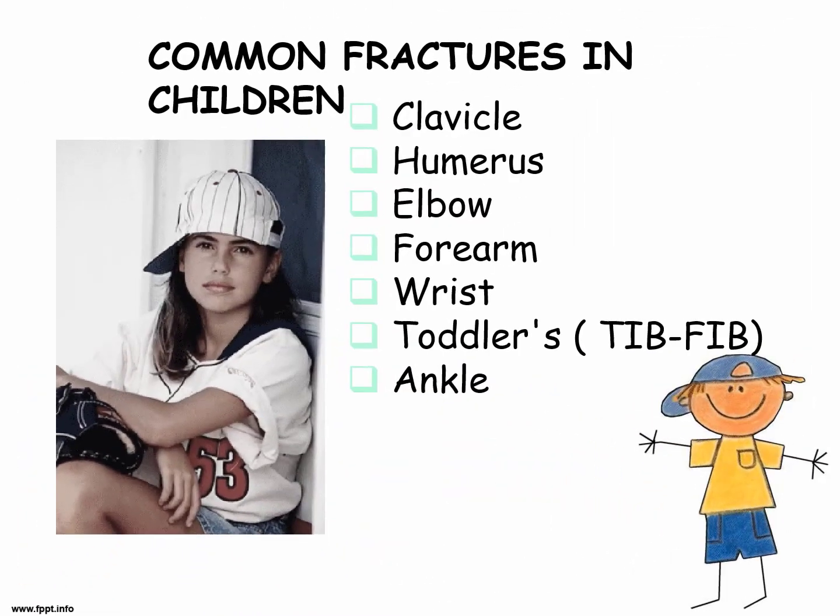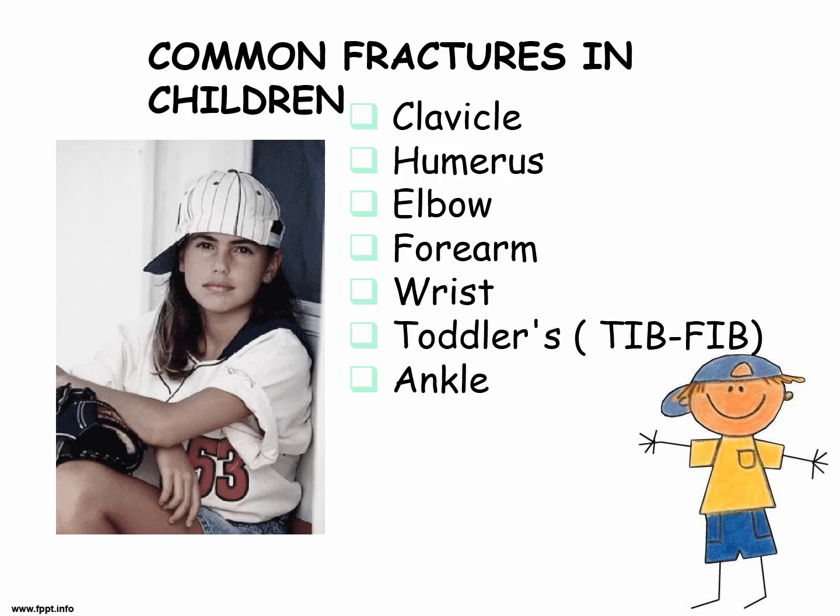Well, let's see what are common fractures in children. Clavicle, humerus, elbow, forearm, wrist, a toddler's tib-fib, and the ankle. These are usually injuries that have to do with motion such as a fall or a twisting type of motion or something that may happen, say, in a sports event.